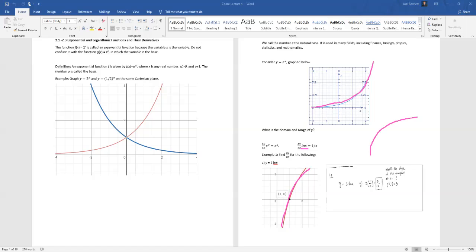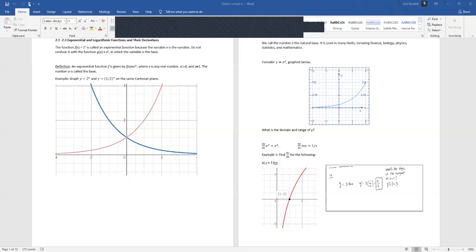So it looks like e to the x and ln x are opposites, so to speak, or inverses, that would be the better term. They are actually inverses. And you'll recall in mathematics that the opposite of addition is subtraction, the opposite of multiplication is division, and so on. Well, the opposite of e to the x is ln x.